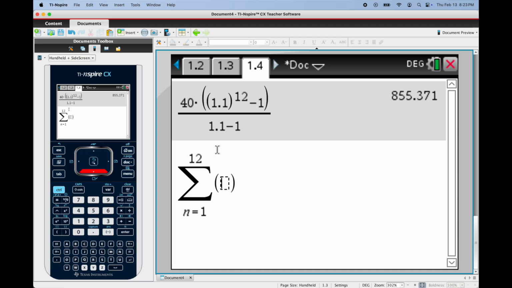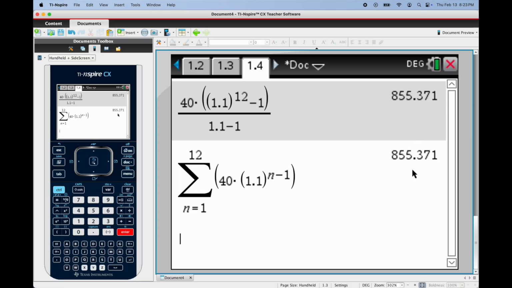The calculator says, I'll find the sum from the first to the 12th term, and it asks, what's the formula? And the formula is just that original formula. How does the calculator know the value of the first, second, third term? Well, we just use 40 times 1.1 raised to the power of n minus 1. That was our geometric sequence formula. And that should give us the exact same value.